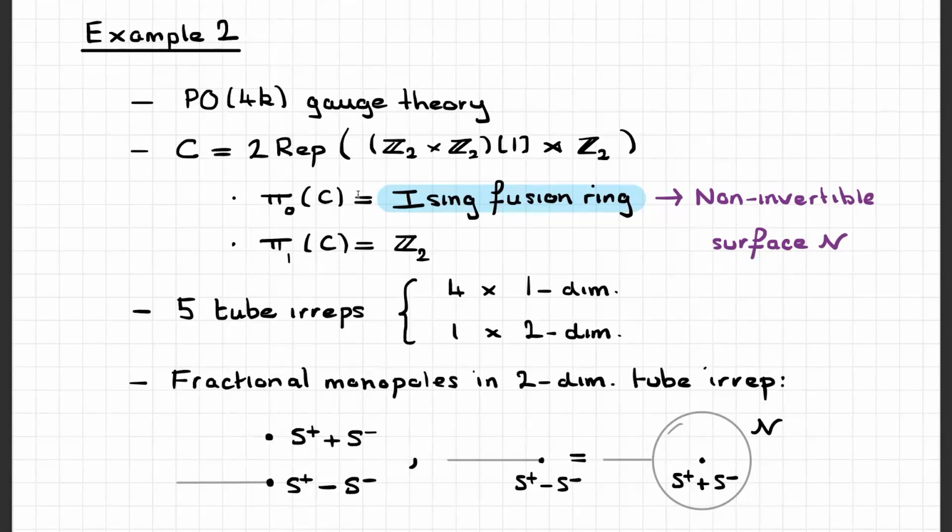One interesting thing about it is that if you look at pi 1, it contains a Z2 factor. There's a Z2 one-form symmetry. But if you look at pi 0, this is the Ising fusion ring. In particular, there's a non-invertible surface, N, just like before.